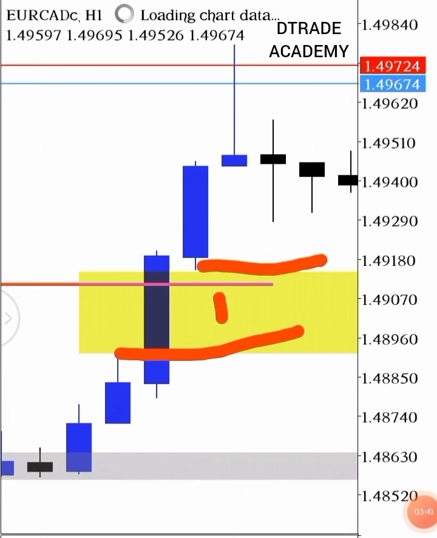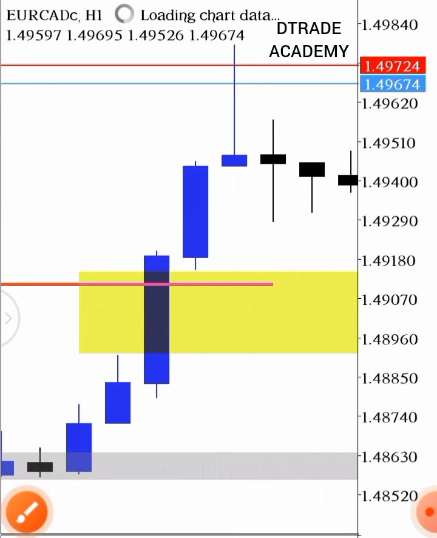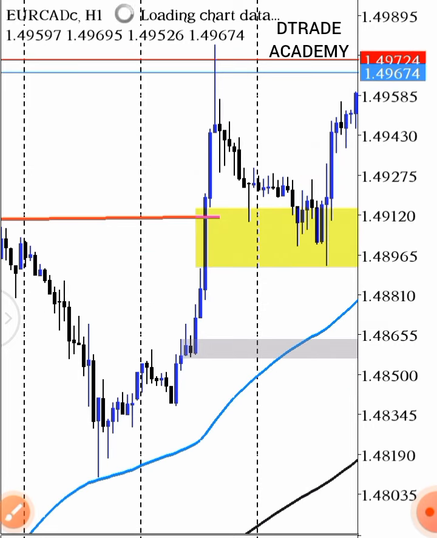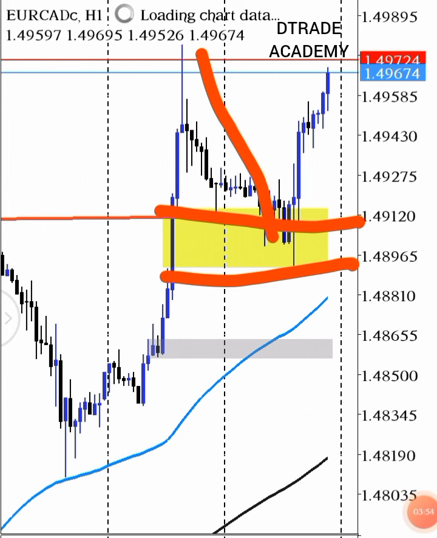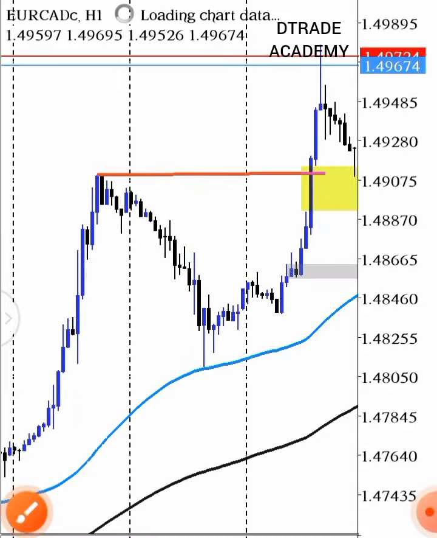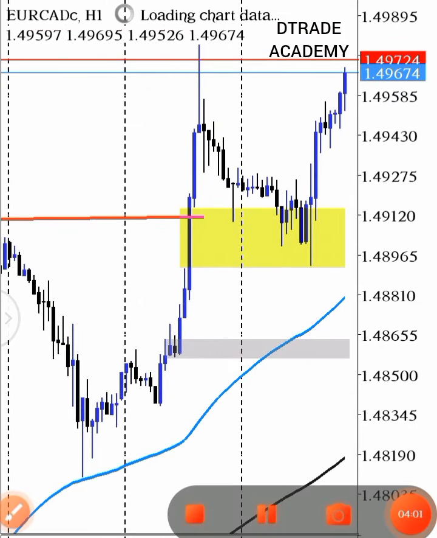You can see the little space. This is what we call imbalance. That was why I marked that zone with my yellow highlight. Whenever price comes back to test that zone, you see price going up. We'll talk about this more in the next video.